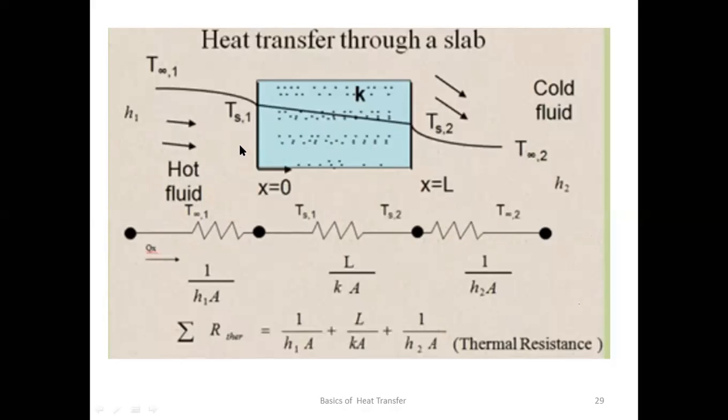Now see here, this is the resistance for hot fluid, first resistance. This is the resistance for hot fluid. This is the resistance for what? Slab. This is the resistance for slab, and this is the resistance for air, you can say.